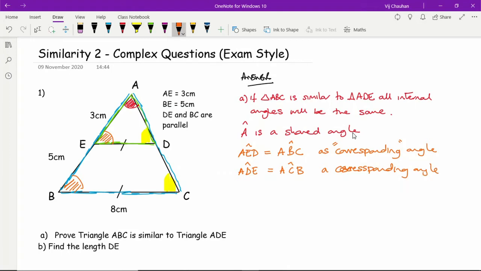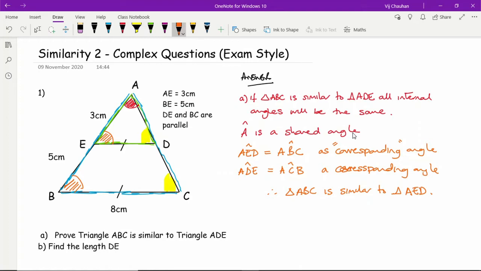So as you can see, you've proven that triangle ABC is similar to triangle AED. What I've done there is prove and show that the two triangles are similar, by noting that all internal angles of similar shapes are going to be the same.